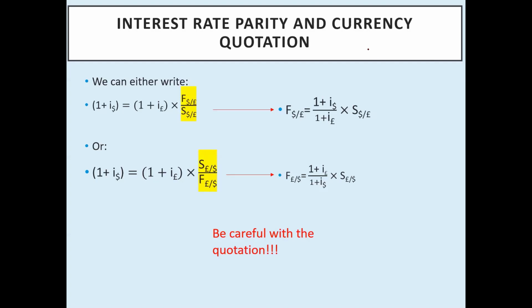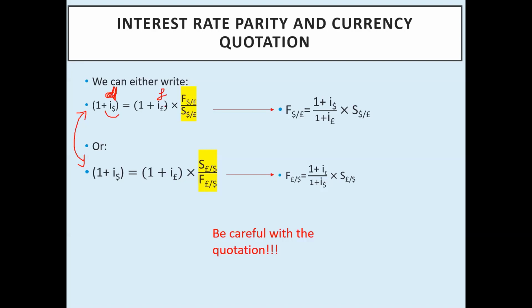In the next step, I'm just going to rewrite the interest rate parity condition, and I'm going to show you two different ways to write it. In the first case, this is my domestic country, so for domestic, I'm going to write D. On the left-hand side, I've got the interest rate in the domestic country. On the right-hand side, I've got the interest rate in the foreign country.